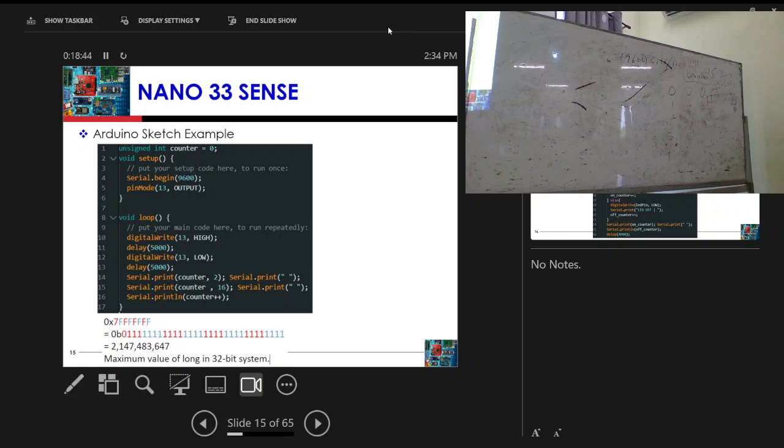So I continue. Here we are using unsigned int, which means that the highest number will be what? Who can give me the formula? Unsigned int counter.